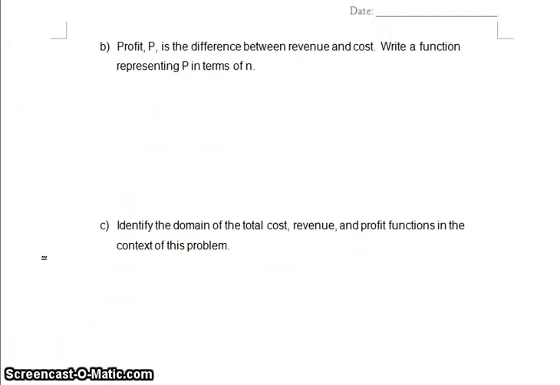Part B talks about profit. Profit is the difference between revenue and cost, and now we need to write a function representing P in terms of N. Basically, this first sentence says that we have profit, so we'll label that P of N, equal to the difference between revenue and cost.